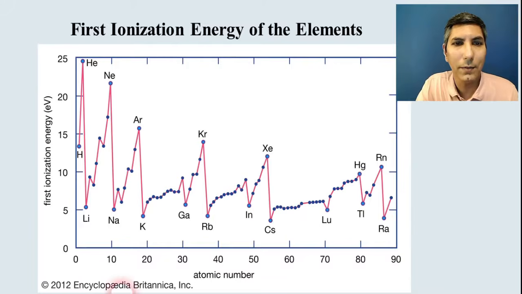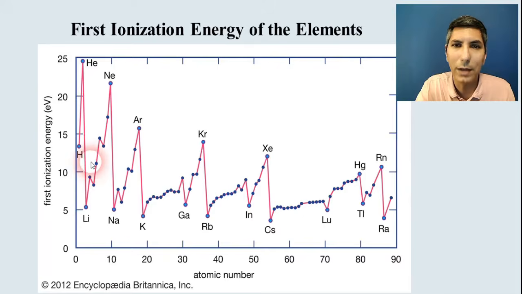Now, here is a graphic representation of the first ionization energy of the elements. And I want you to notice that we seem to have some very distinct patterns here. We start out with hydrogen, it goes sky high for helium, and then when we start a new period with lithium, it drops down very, very low.